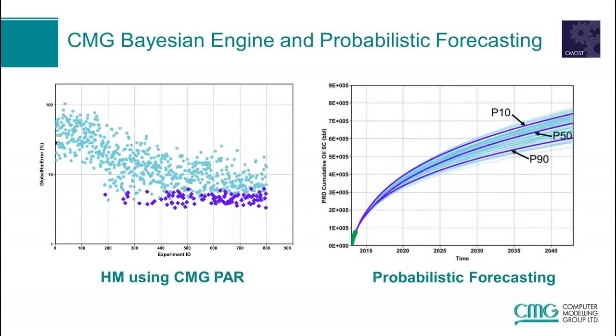Basically, the new CMG PAR method, PAR stands for Proxy-Assisted Acceptance Rejection Testing. What this does is it helps by finding possible optimal solutions based on a proxy analysis. You can start off with your base case, use a sensitivity analysis to get a firm understanding of the search space, and then it uses the proxy to help narrow its way down to optimal solutions.